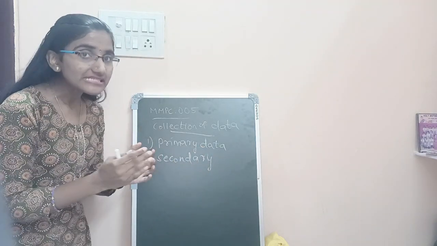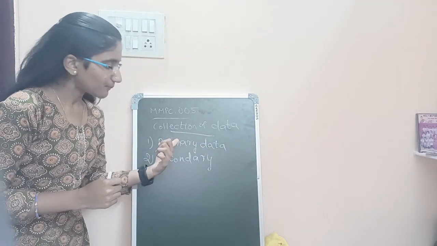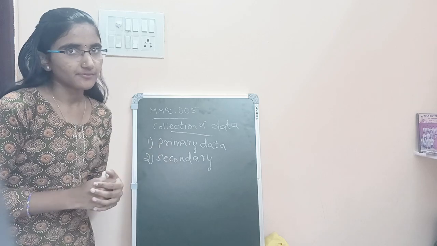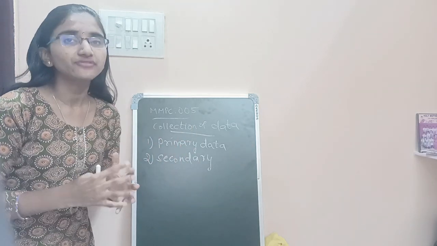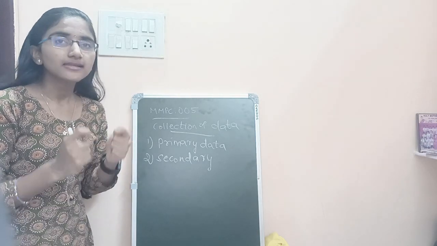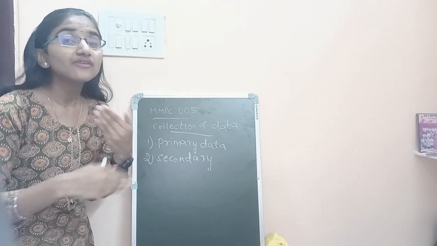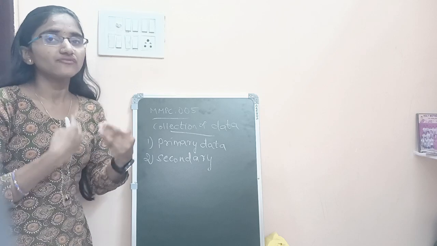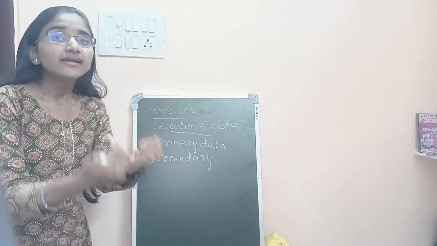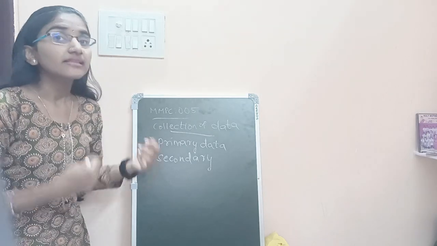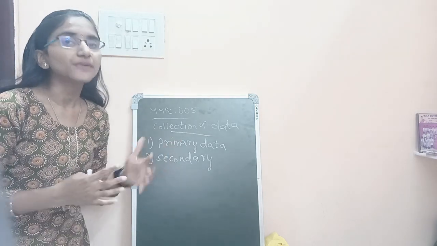So what is the basic difference between primary data and secondary data? Primary data is that type of data which is collected by you on investigation. You investigate it, you find all the information and then collect the data on your own. That kind of data is called primary data.